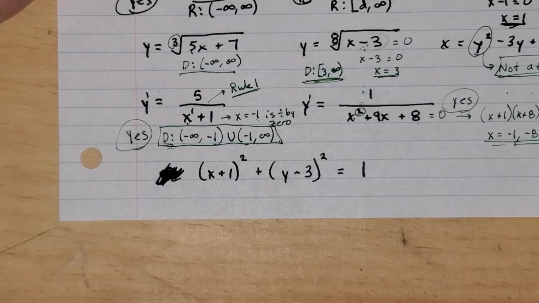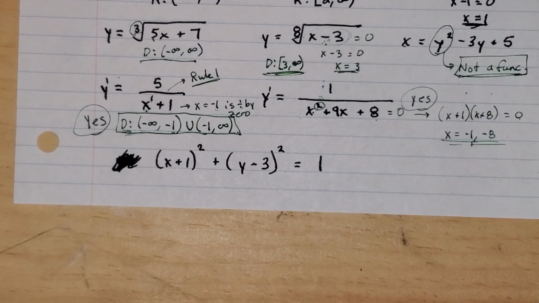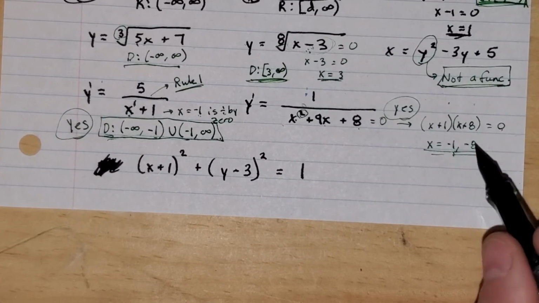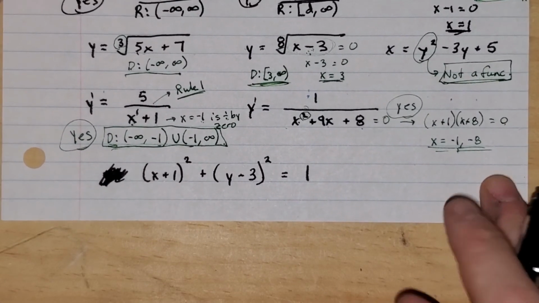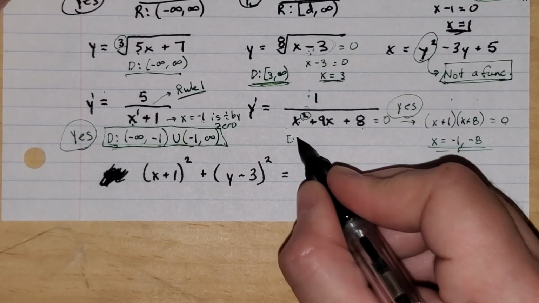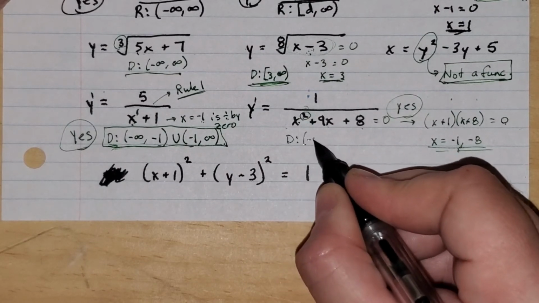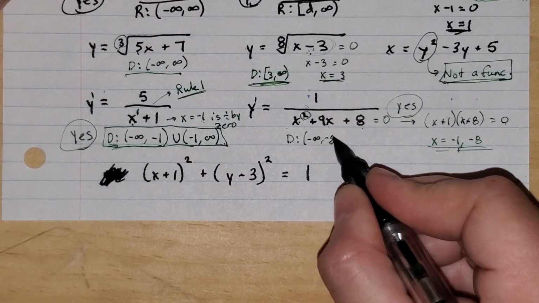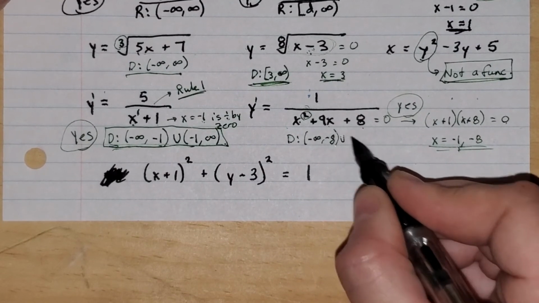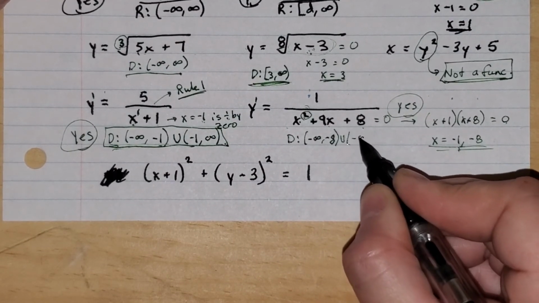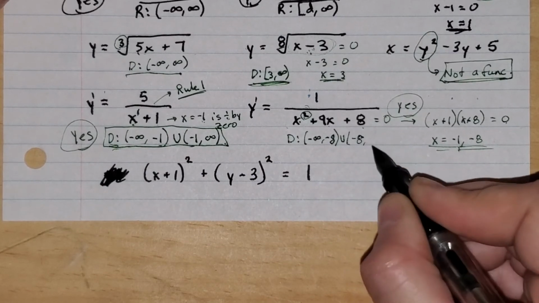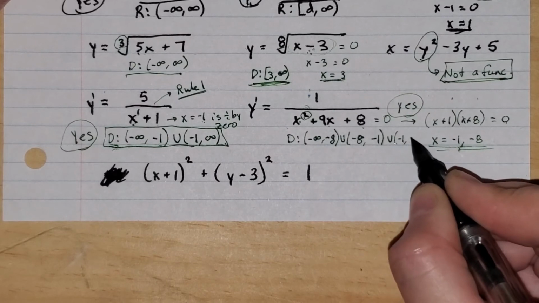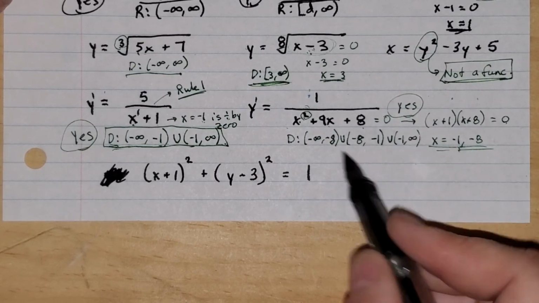Those two values make my denominator equal to 0. That means I cannot have them in my domain. So, what is my domain? It's negative infinity to negative 8 union negative 8 to negative 1 union negative 1 to infinity.